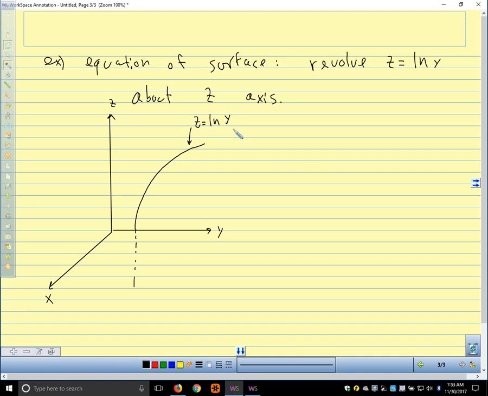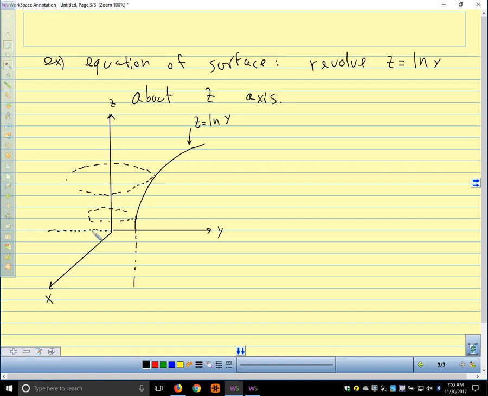We're going to revolve this about the z-axis.